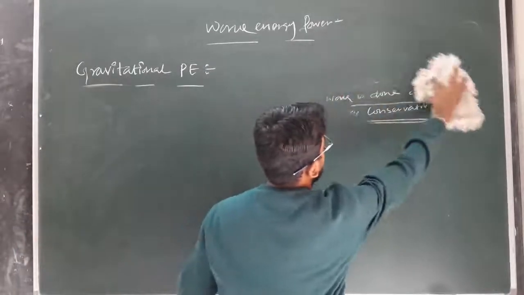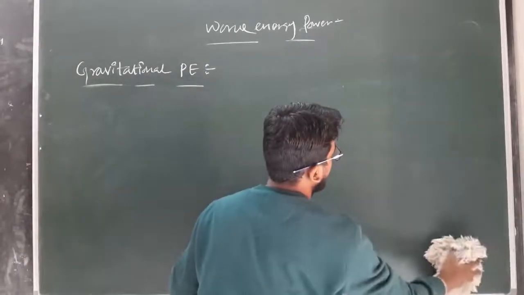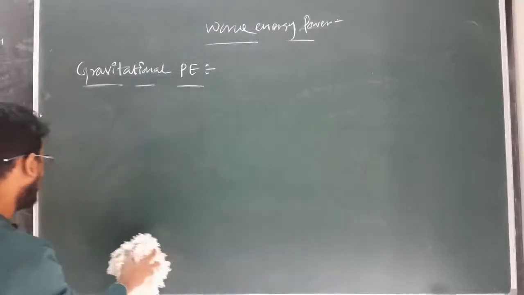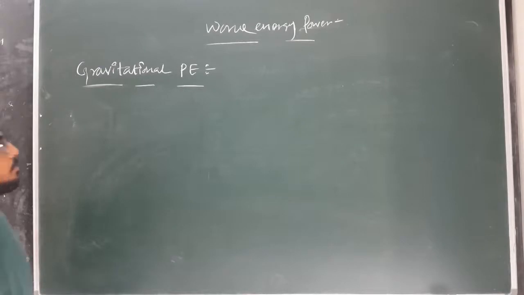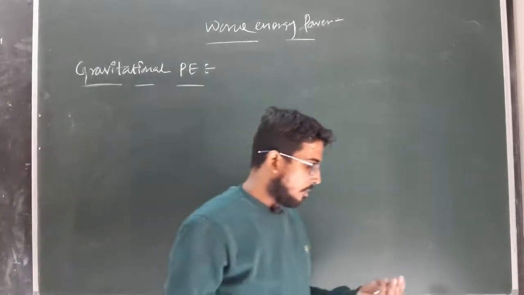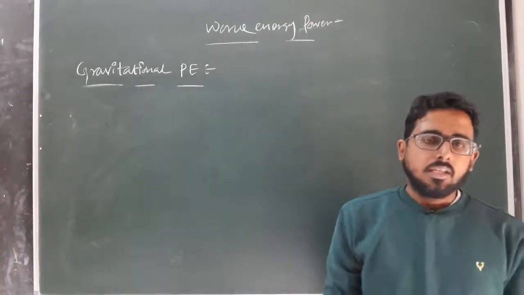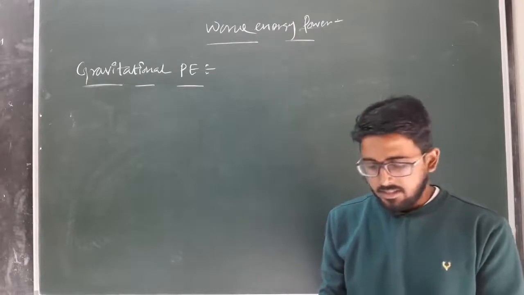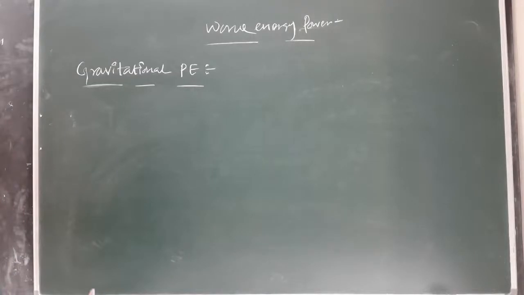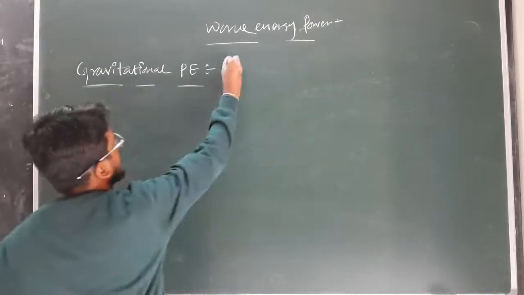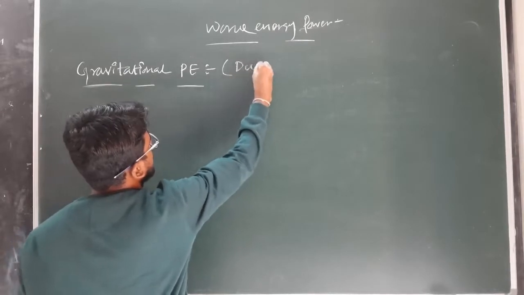So if we are doing any kind of work in a conservative force field, then that work will be stored as potential energy. So gravitational potential energy is what? If you are performing any kind of work in a gravitational field, then that amount of work will be stored within as gravitational potential energy. So this potential energy is basically due to the position.